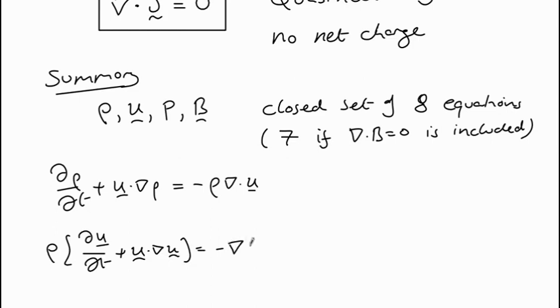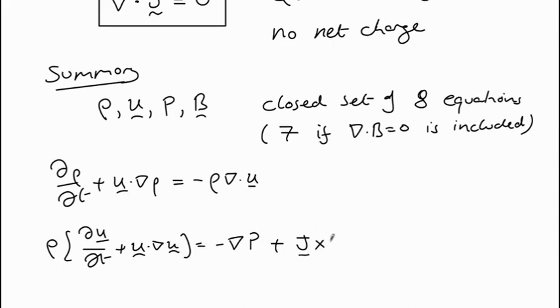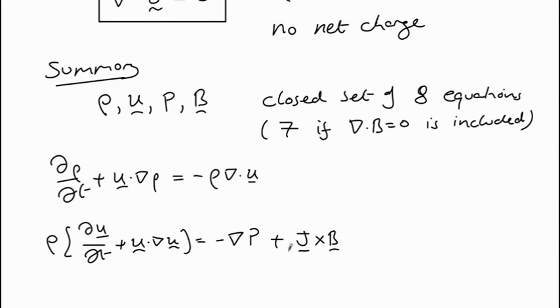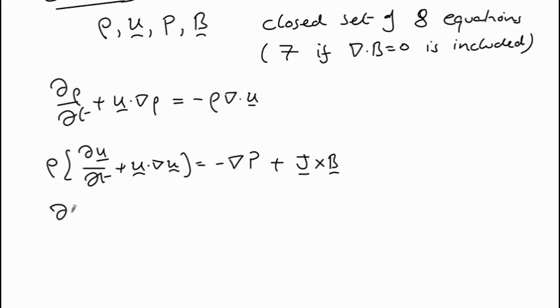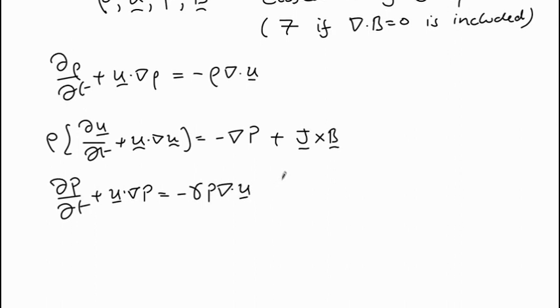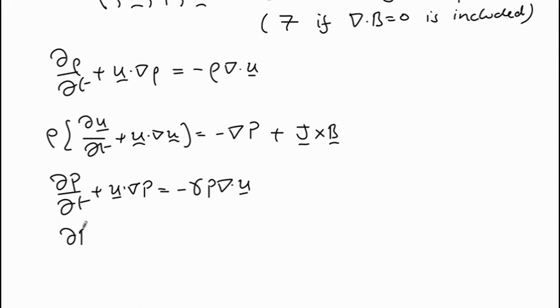And this is essentially the only fluid equation that's changed, in addition to the pressure term we now have the electromagnetic forces, so J cross B. Then we have the pressure equation still, so dP by dt plus U dot grad P is minus gamma P div U. And then we have finally the induction equation, dB by dt, which is curl of U cross B. And then this essentially gives a closed set of equations.